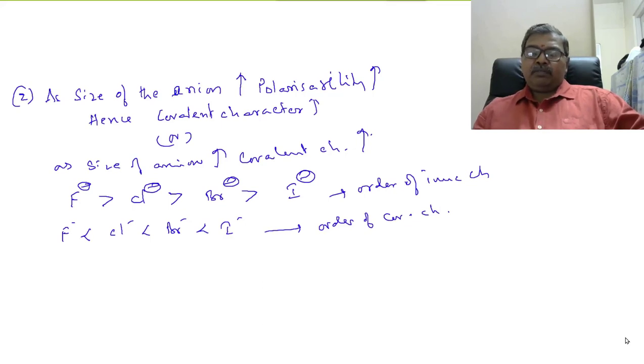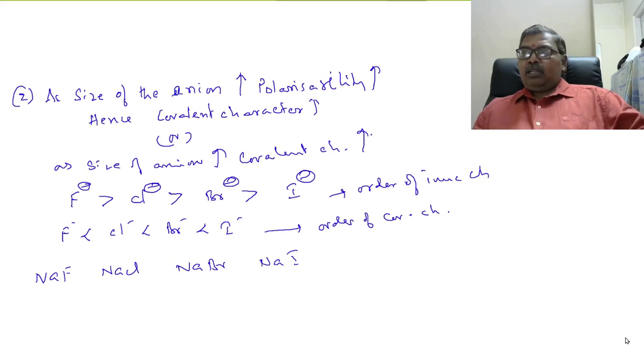See, for example, NaF, NaCl, NaBr, NaI. Now, in all these compounds, sodium ion is there. So therefore, covalent character or ionic character does not depend on the cation, it depends purely on anion. So as we move from sodium fluoride to sodium iodide, ionic character decreases.